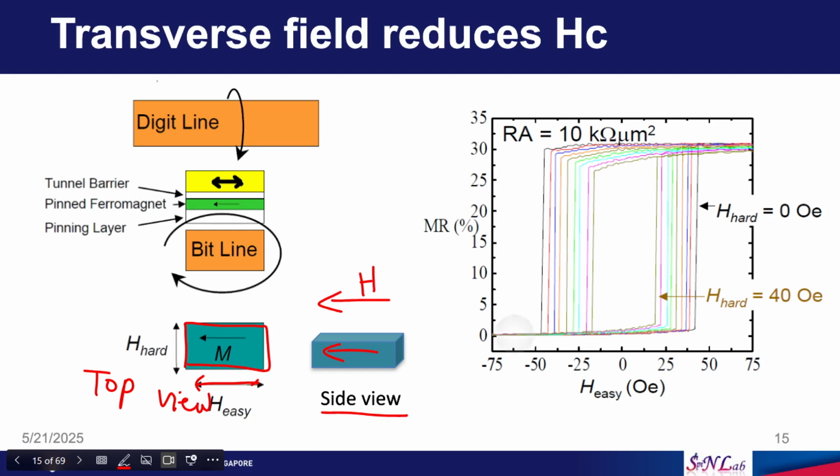It will look something like this. Then going back, the hysteresis loop looks like this. The coercivity is around, let us say, 47 Oersted.